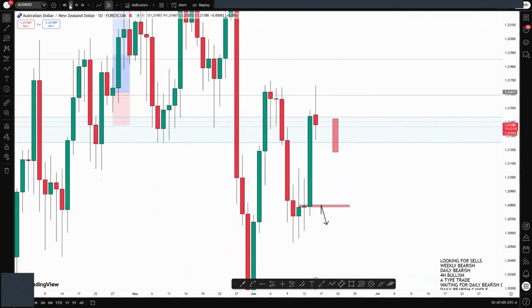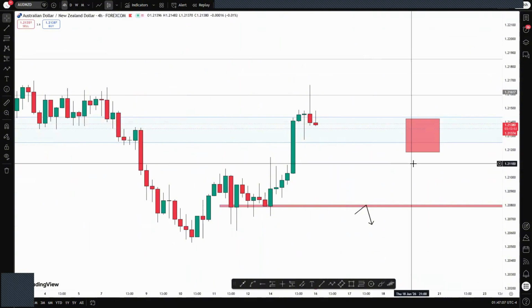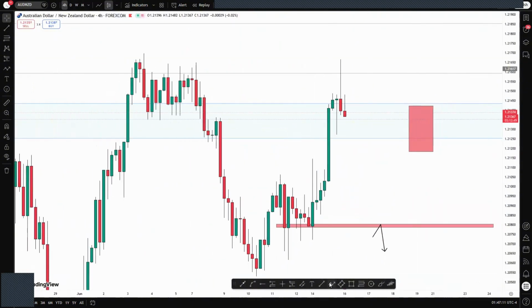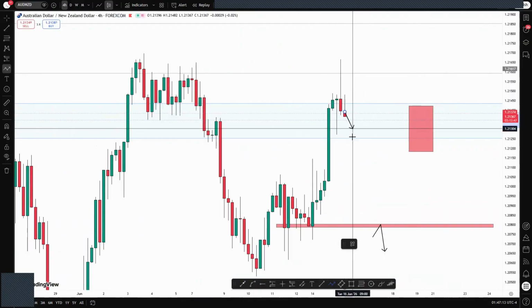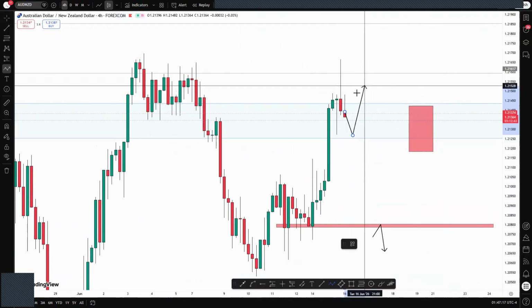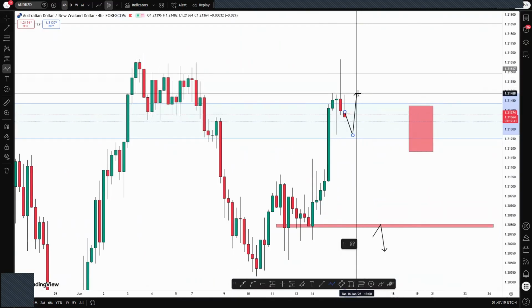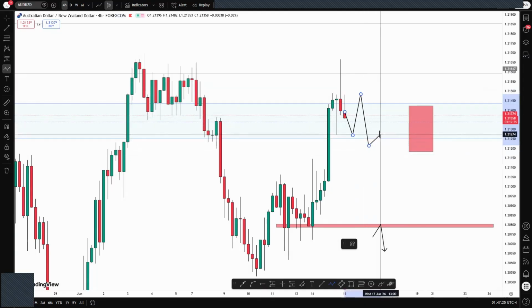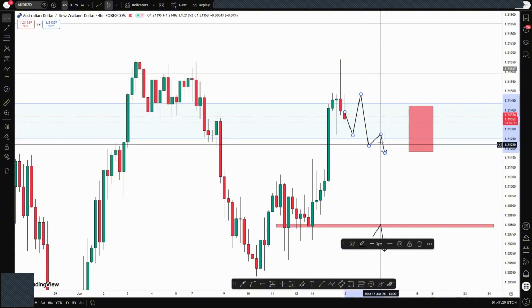So price can make a lower high, a higher low, and a higher high, you see? At this point, and then shift, and we test it. Then you can sell, sorry. You see?